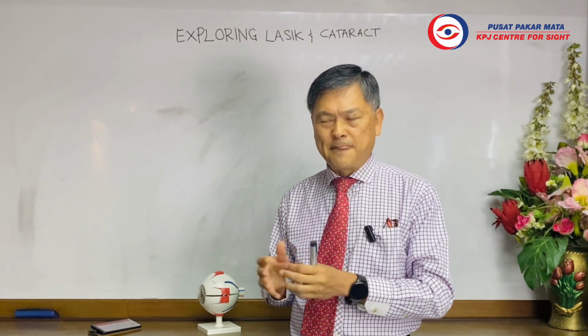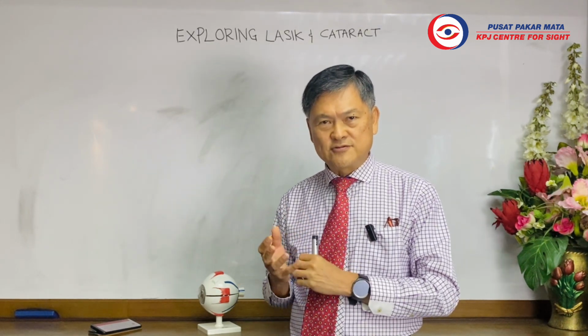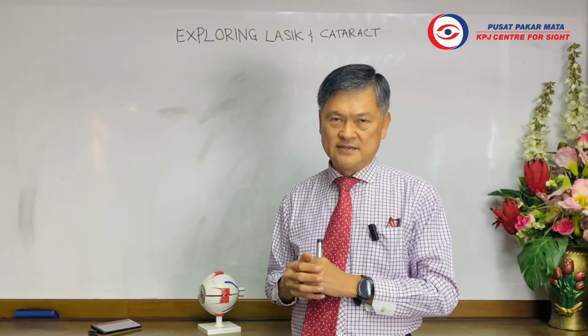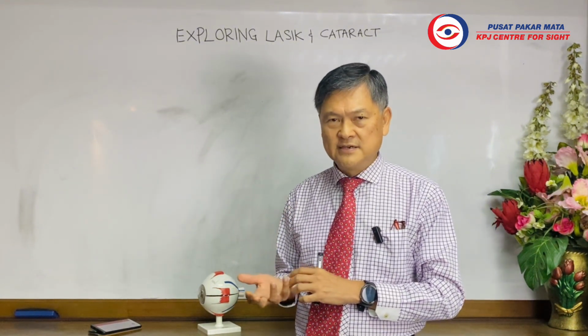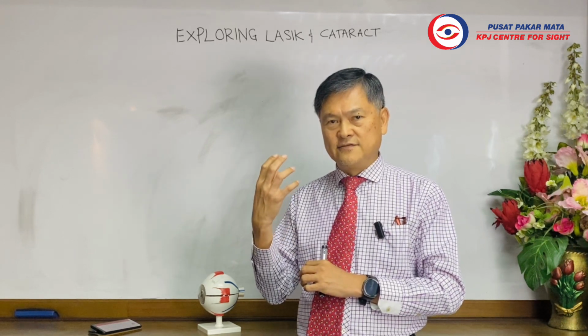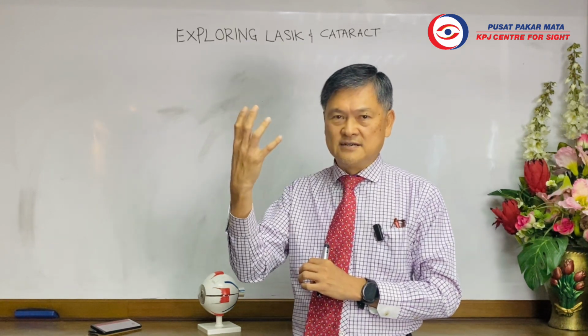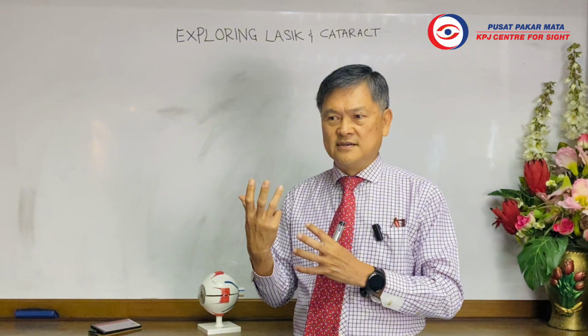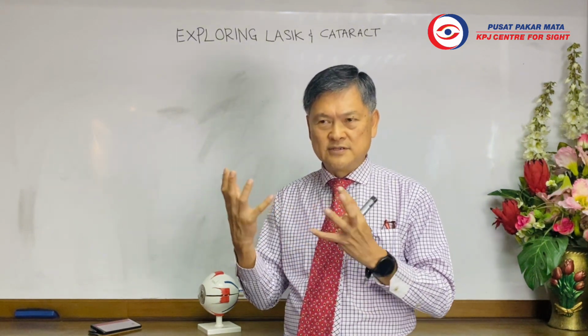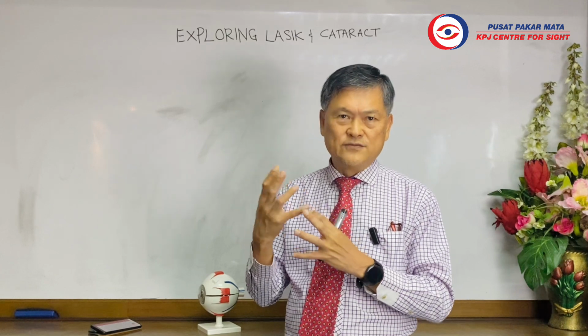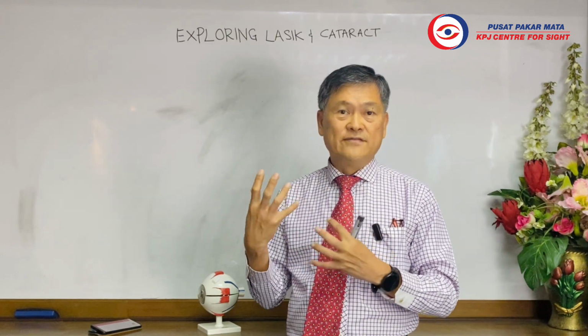we can only say that when someone has cataract, slowly the vision will be affected. That means they will find the vision gradually becomes more and more blurry, or they have difficulty seeing in bright lights. Okay, they'll find that when they're exposed to bright lights, it's very glaring in a bright environment.